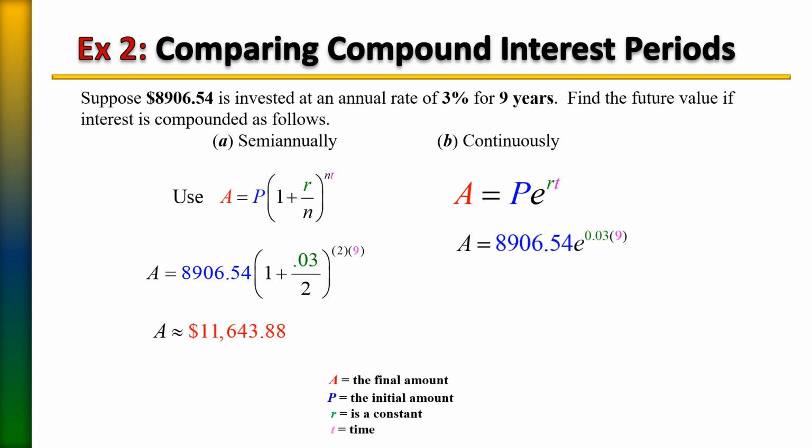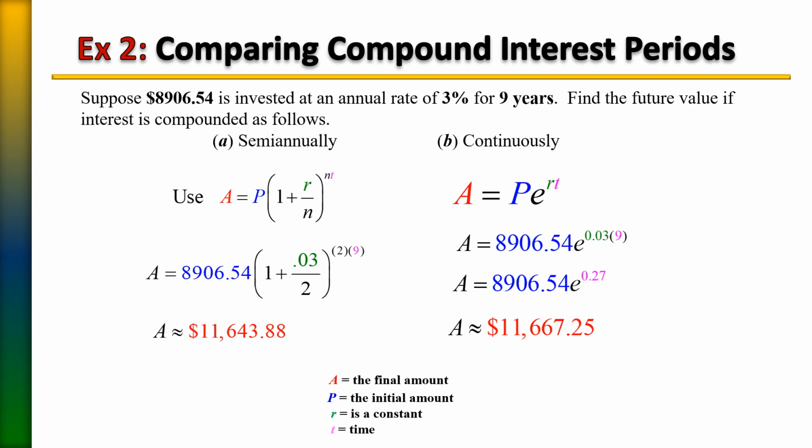When we do so, it's going to look like so. We can do that on the calculator by pressing 8906.54, then the e key, raised to the 0.03 times 9, and press enter. You could also just do the exponent, 0.03 times 9, which gives 0.27, but you'll still need to do the calculations there.